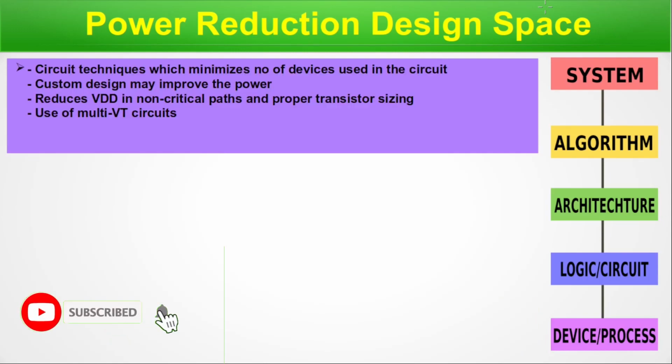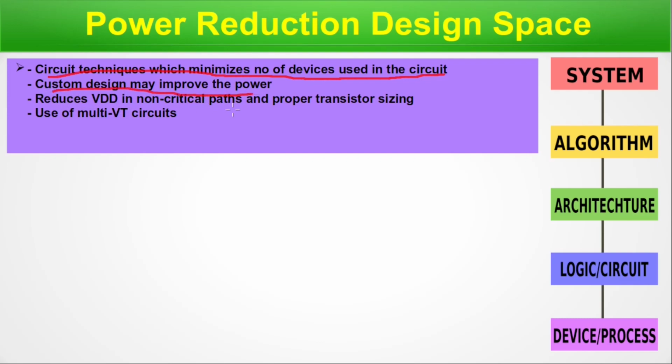So power reduction design space. Now circuit techniques which minimize the number of devices used in the circuit. More devices means more power, so optimizing the number of devices. Basically, custom design may improve the power. If the design is customized, then that can improve the power.